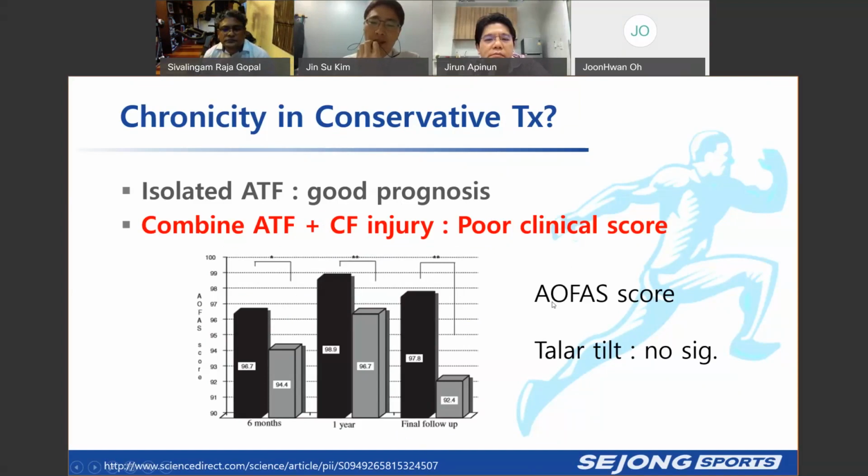The ankle functional score is mostly around 98 points. However, a combined ATFL-CFL tear has a poor clinical score, even though the radiological laxity is not significant. Anyway, the article shows that a combined injury may make a poor functional outcome.